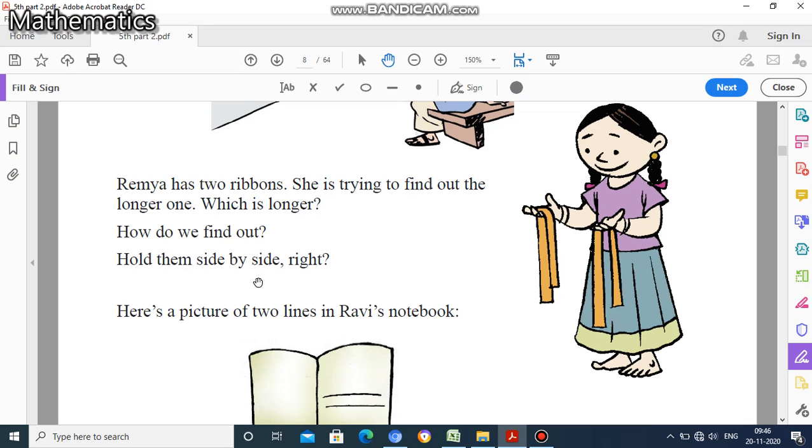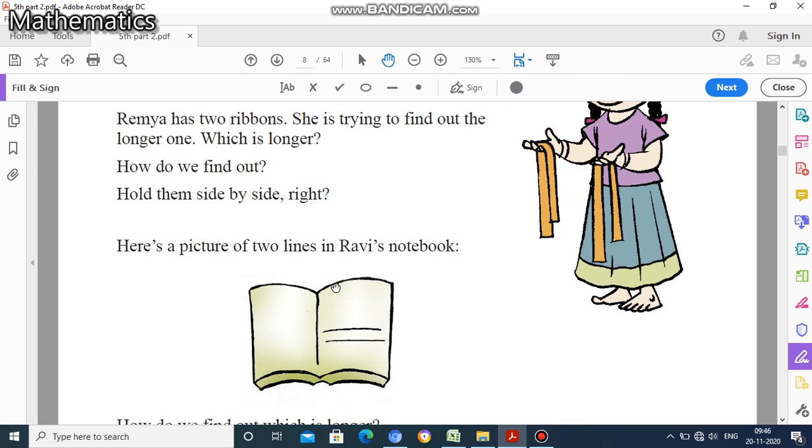Hold them side by side. Hold both ribbons side by side, right? Then you will get which ribbon is longer, or you may measure the length of the ribbon.